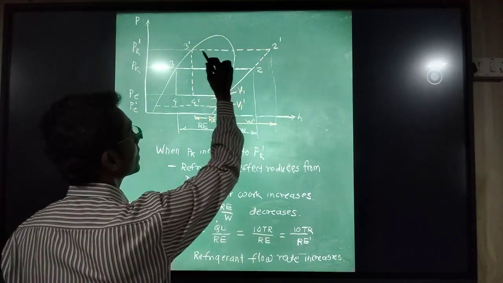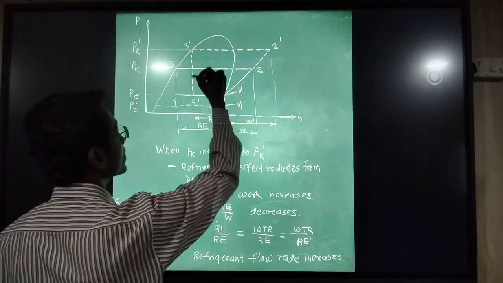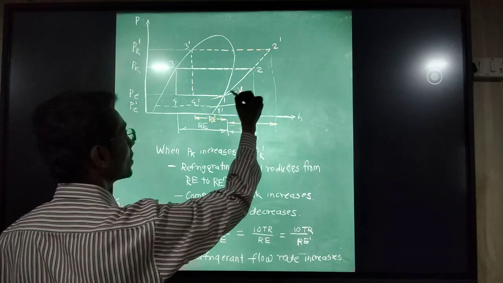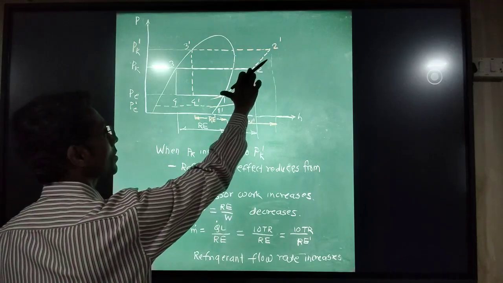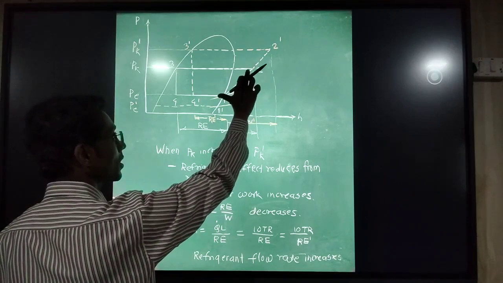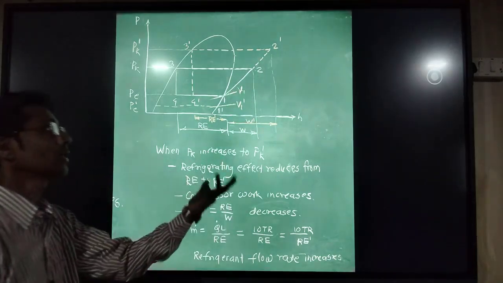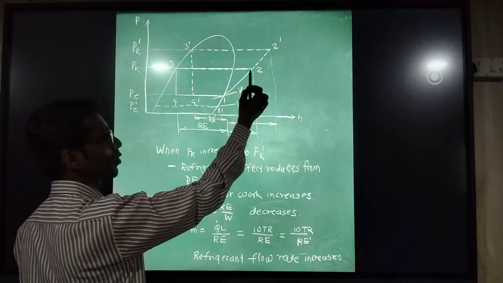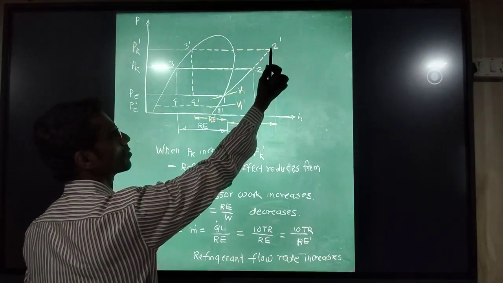This increased portion is shown by the dotted line. Here 1 to 2 is a single stage compression, and when we use a single stage system for heavy duty applications, point number 2 will be shifted to 2 dash.